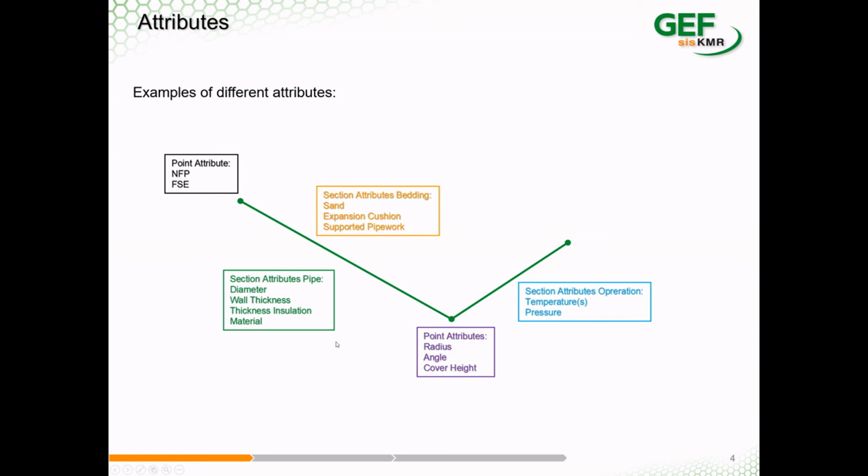For the sections, we have the attributes of bedding like sand, expansion cushion, or supported pipework. We have the pipe attributes like diameter, wall thickness, thickness of insulation and the material, or operational information like temperature or pressure.